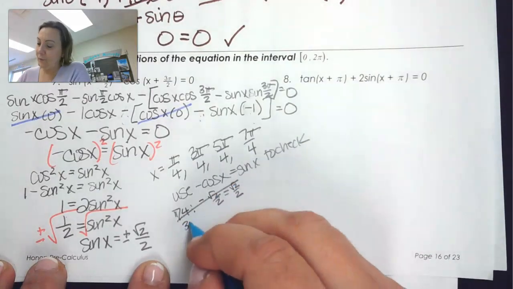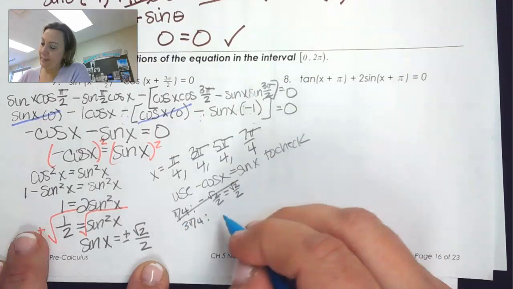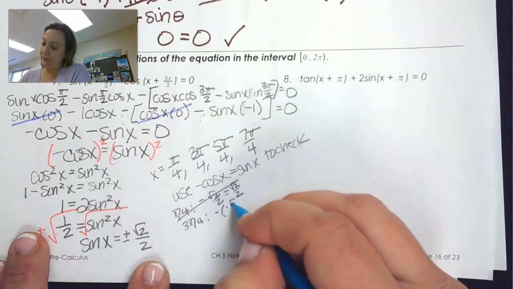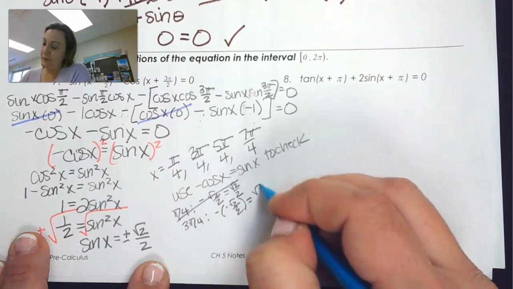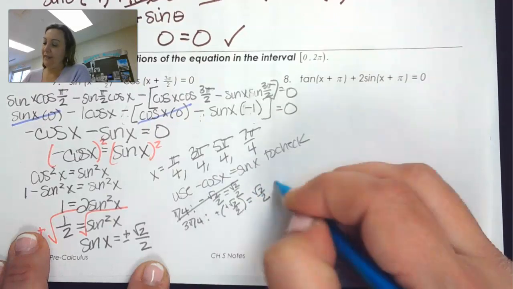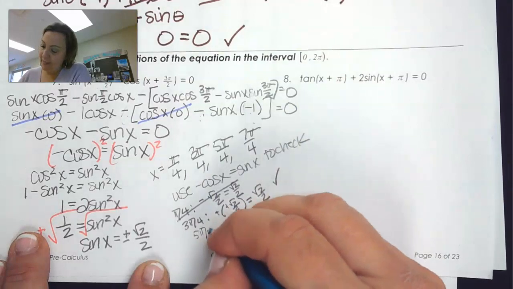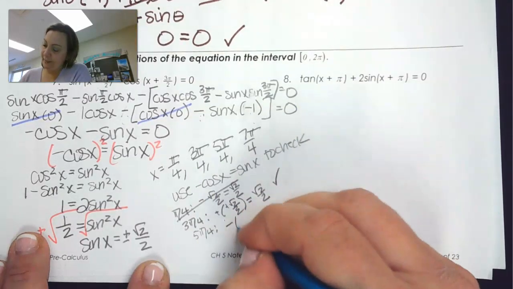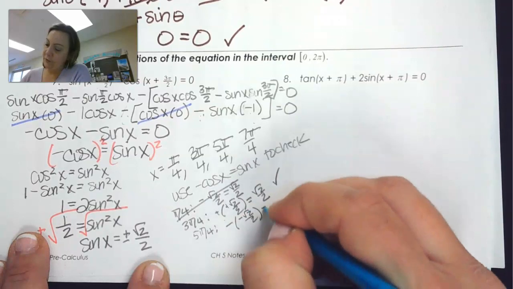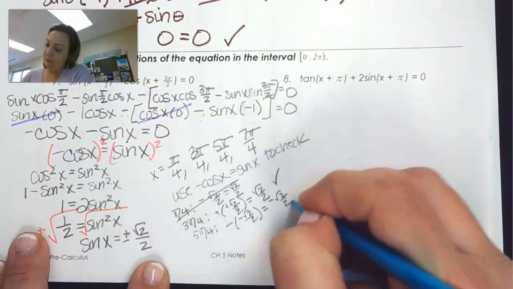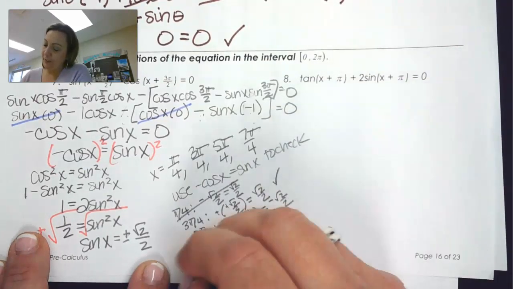If I use 3 pi fourths, that's going to be the opposite of negative root 2 over 2 equals root 2 over 2. That works. If I think about 5 pi fourths, that's going to be the opposite of negative root 2 over 2 equals negative root 2 over 2. That doesn't work.